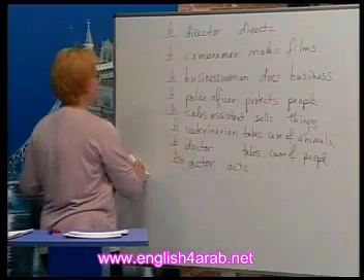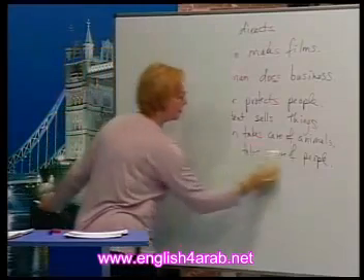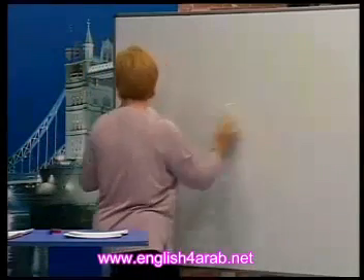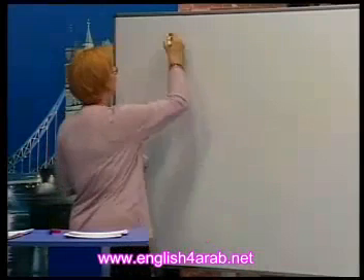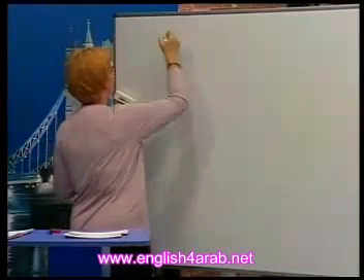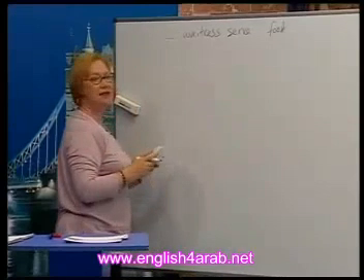And let's make some space here for the next ones. We have a lot of jobs here, and you can see what these people do. All right, okay. Oops, let's use black. Waitress, serve food. All right, this one is for Lisa.